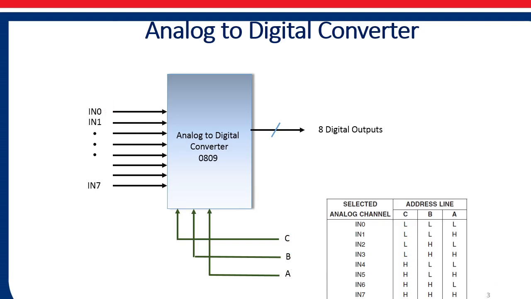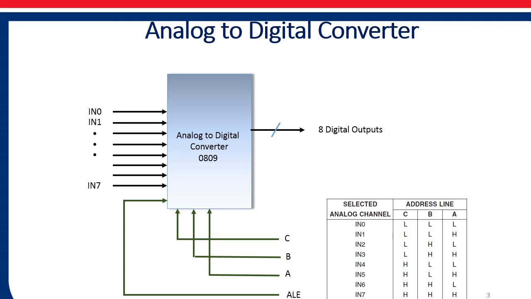Once the analog input channel is selected, using a line called ALE, address latch enable, these addresses are latched. So activation of the ALE line will latch the addresses generated by CBA.